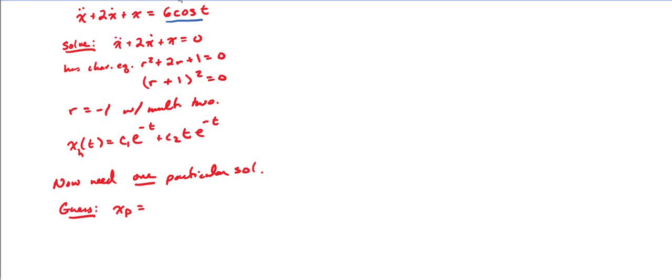Of course that requires that the derivatives either eventually go to 0 or eventually repeat themselves, but we're okay with a cosine forcing function whose derivative would be a minus sine function and whose derivative of that would be a minus cosine function, which essentially gets us back to the same structure we had before.